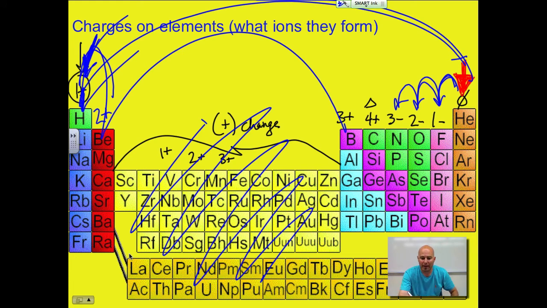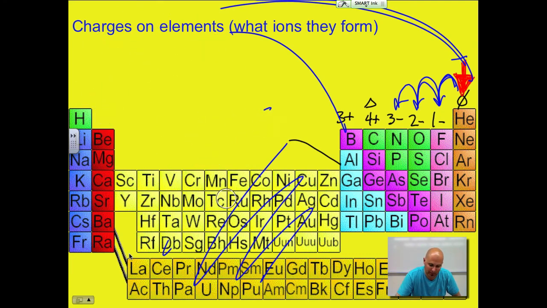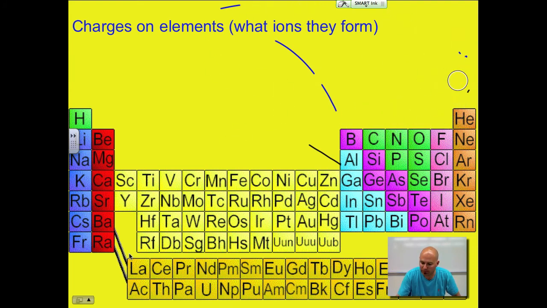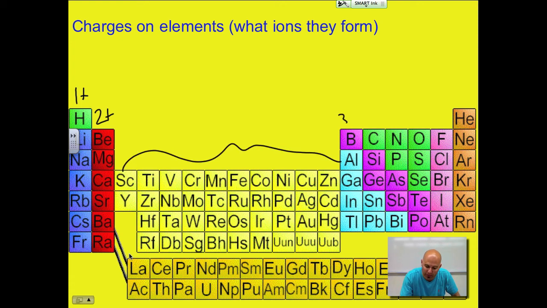I've created a little song for this. I say the families form these charges: 1 plus, 2 plus, skip the middle, 3 plus, 4 plus but can change, 3 minus, 2 minus, 1 minus.